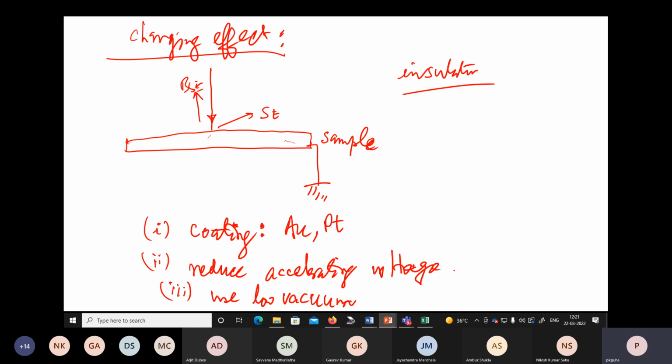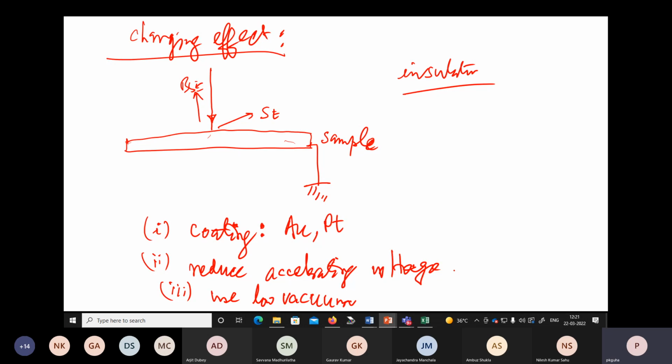Of course that will reduce the signal strength as well, because then the number of secondary electrons emitted from the surface will be less, but we will be able to avoid this charging effect. This is the second point.